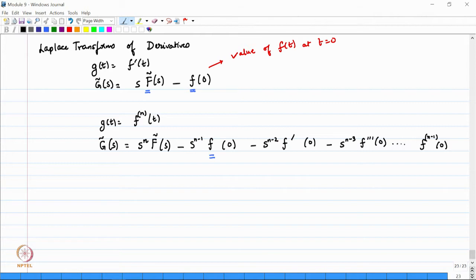Okay. So, these are the various terms that you have to subtract.